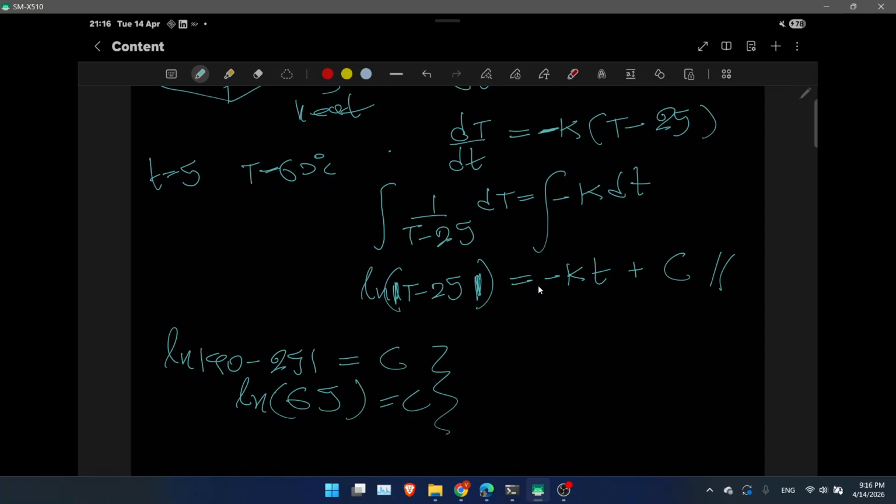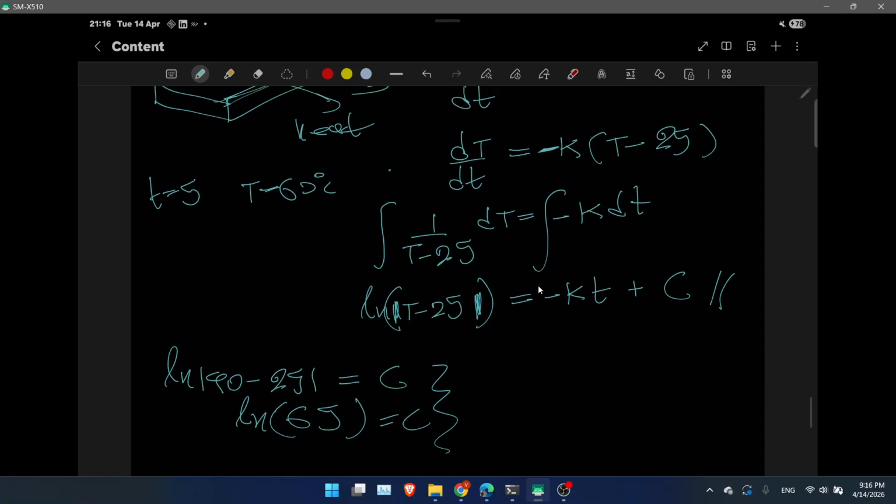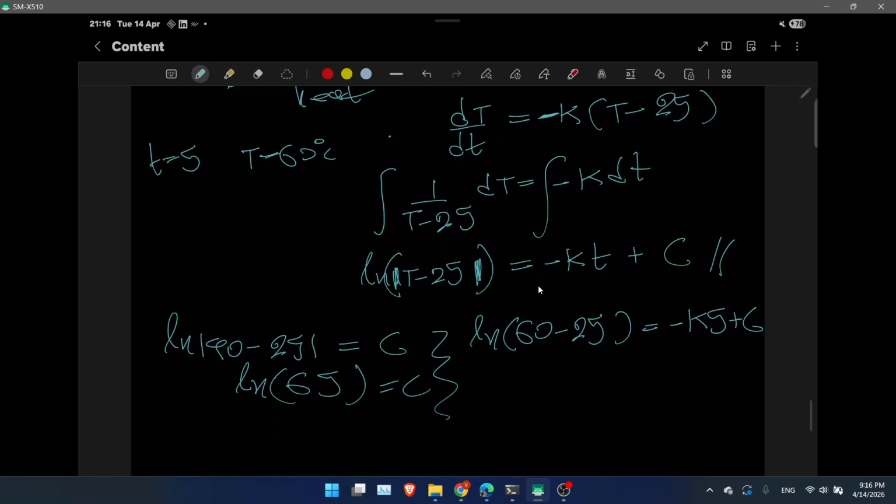So now we're going to find K. So when t is equal to 5, the temperature is given as 60. So ln of 60 minus 25 is equal to minus k times 5 plus C. Now C is also ln 65.